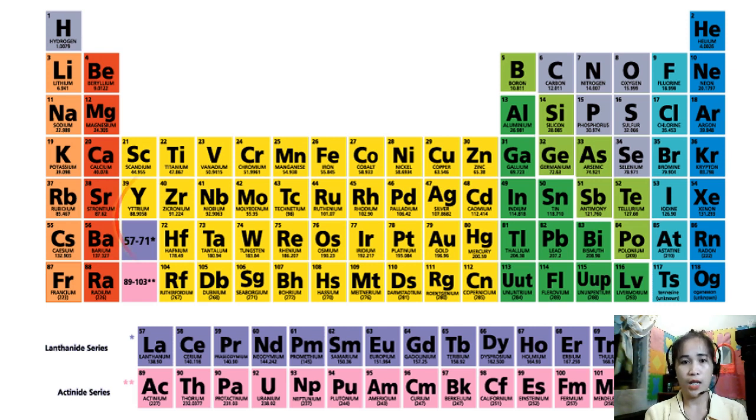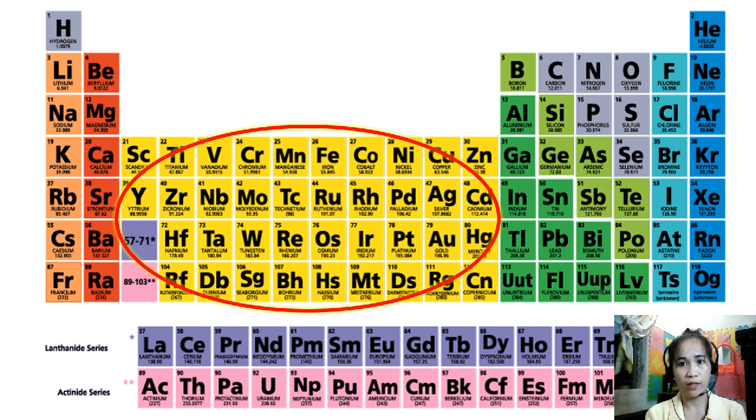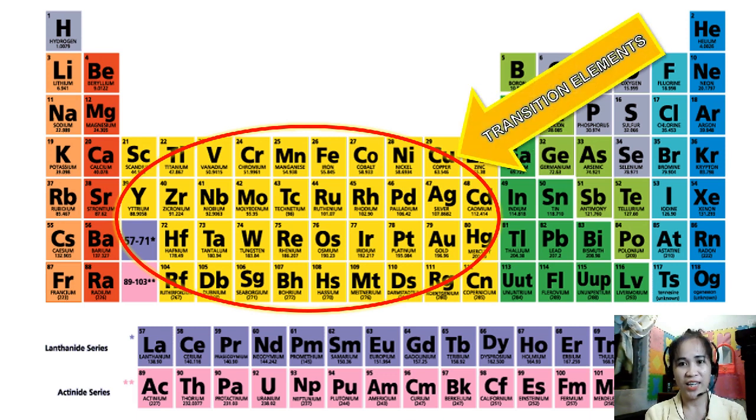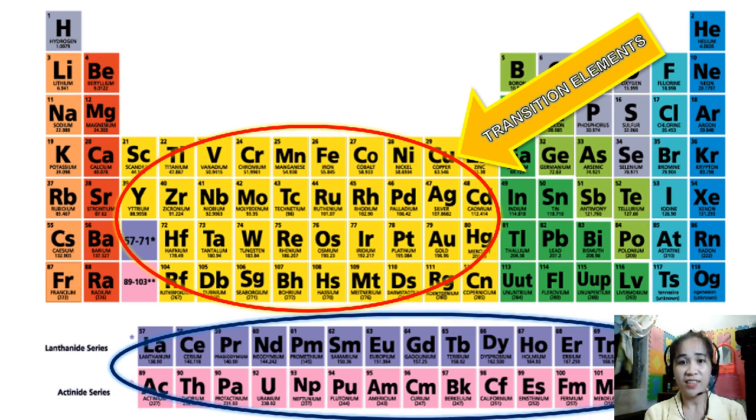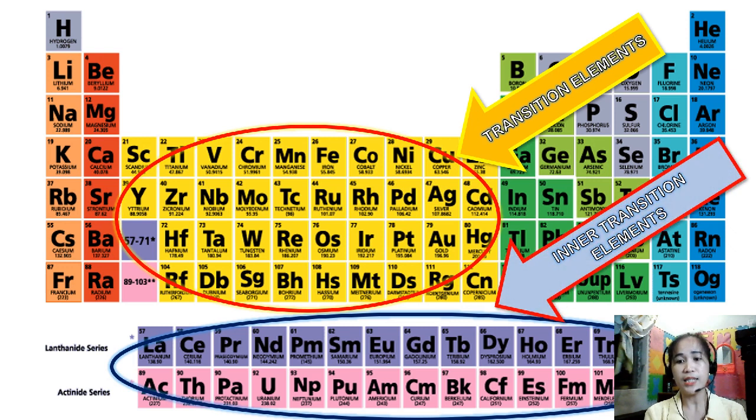Groups 3 to 12 constitute one block, wherein the elements in this block are referred to as the transition elements. The lanthanides and the actinides are special series of elements but are also part of the transition block. They are also called the inner transition elements.